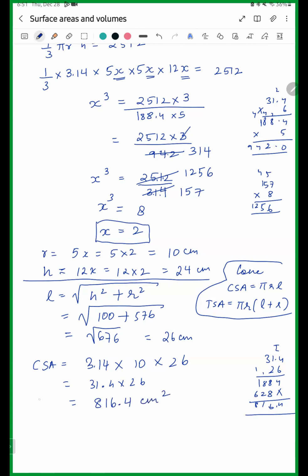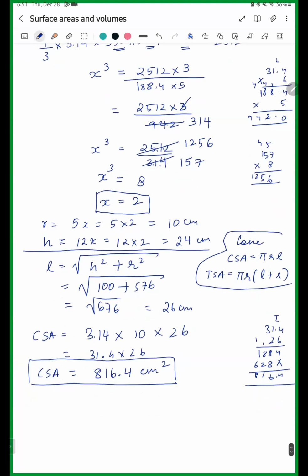This is the curved surface area. Always remember to put the units. And then let's come to total surface area.